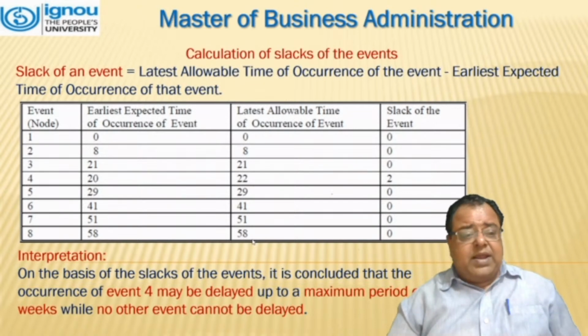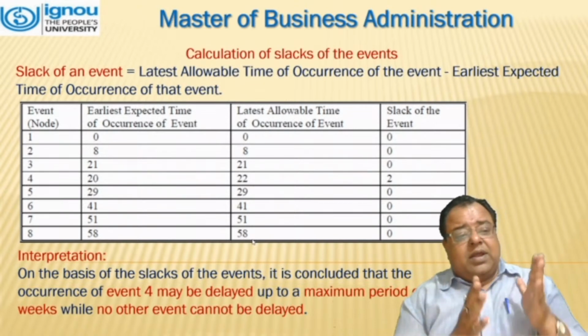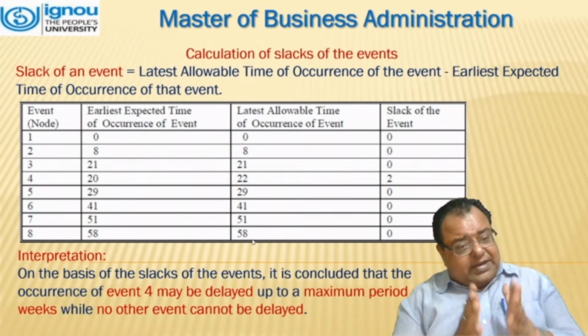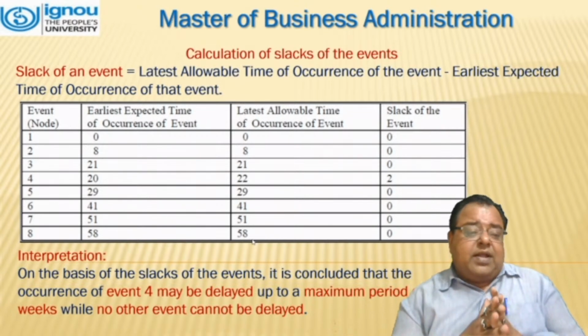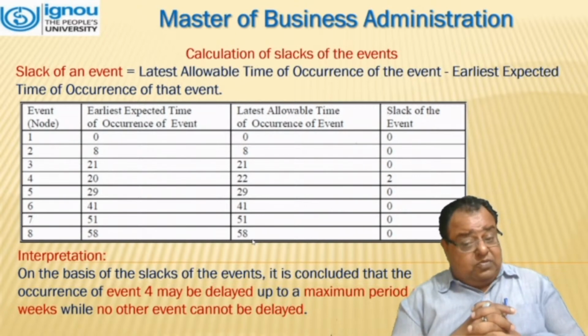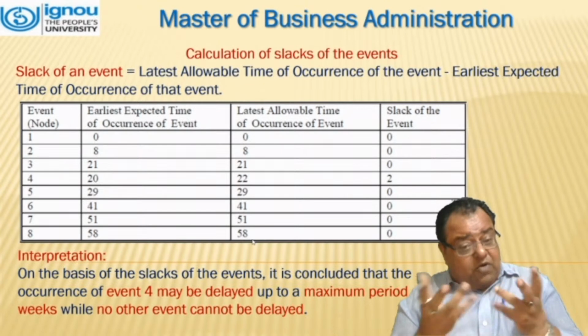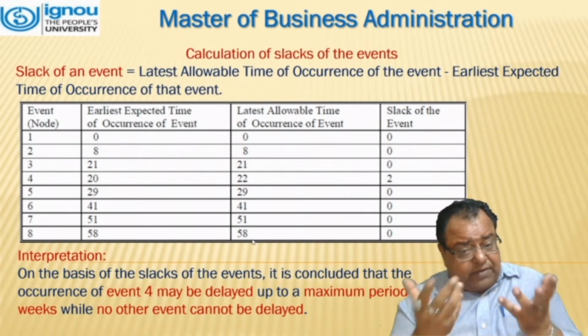From that tabular diagram, we have just fixed events, earliest expected time of occurrence, and latest allowable time of the event. And we have calculated the slack of the event. Here we can see that the slack of the event for event number 4 is 2. Now, what are we going to interpret from it?